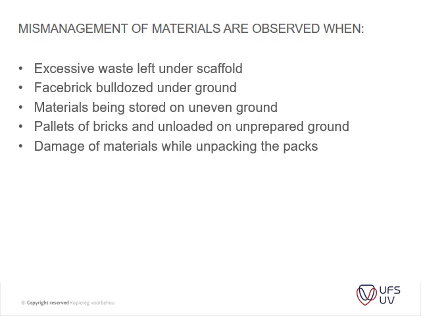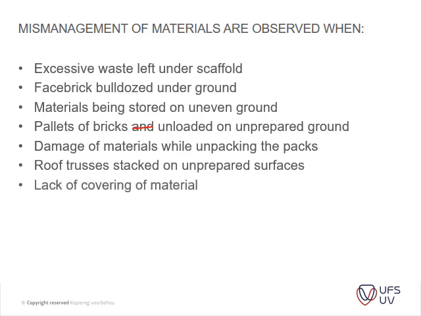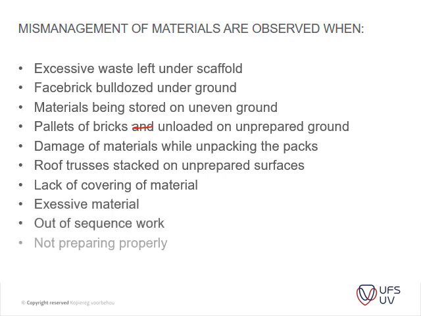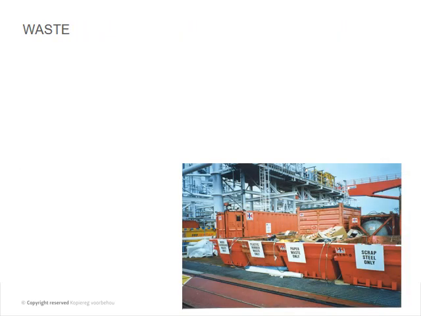And then damage of materials by unpacking the packs, roof trusses stacked on unprepared surfaces, lack of covering of material, excessive material, out of sequence work, not preparing properly. So you can easily see when a site is not properly run, especially towards managing of materials.